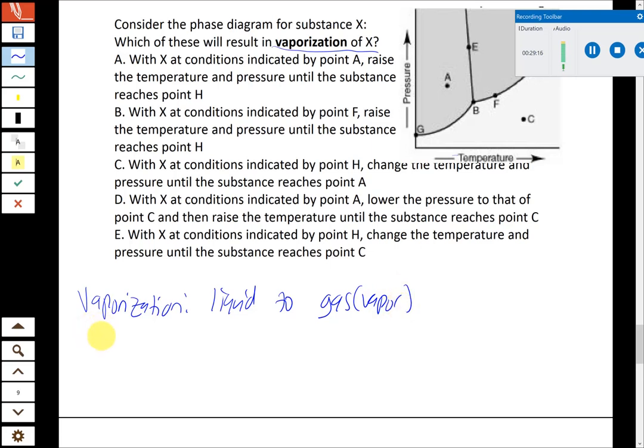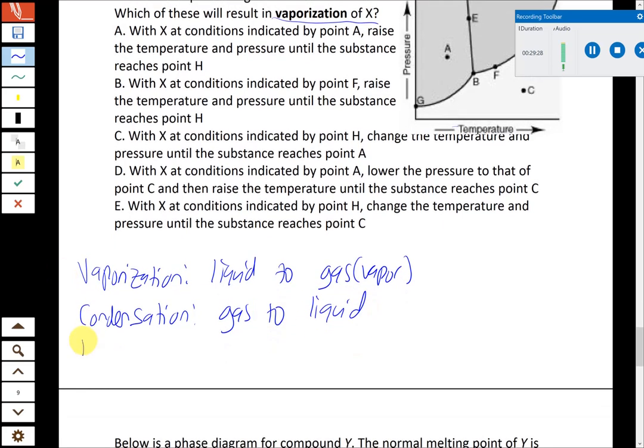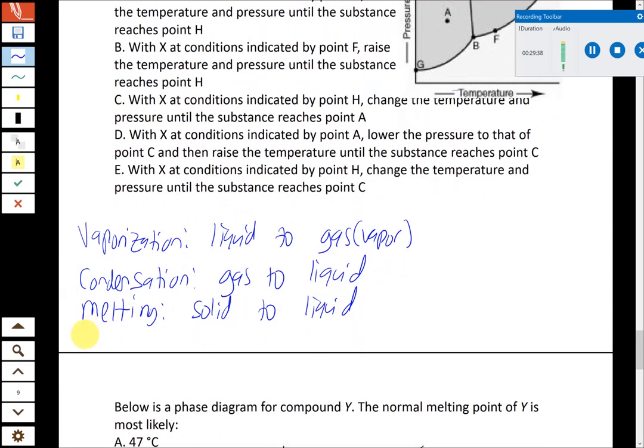If we're talking about the opposite process, that's going to be called condensation. So that's if we go from gas to liquid, or vapor to liquid. And then melting, as you're probably familiar with already, is going to be going from solid to liquid. And finally, the other one is what's called freezing or fusion.